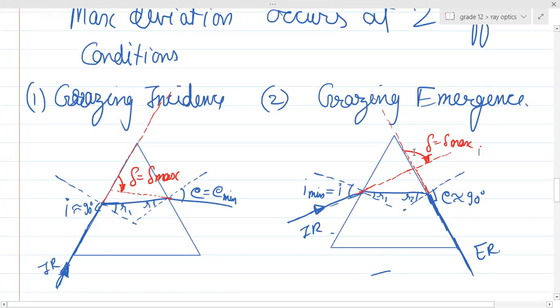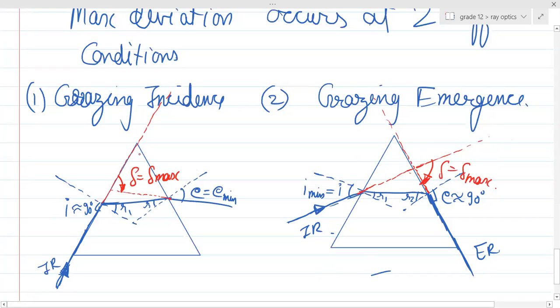Guys, I think I made a mistake. Sorry. This angle is the maximum deviation angle.